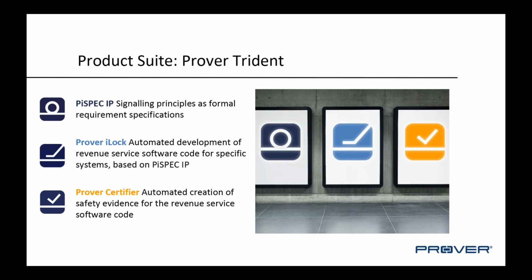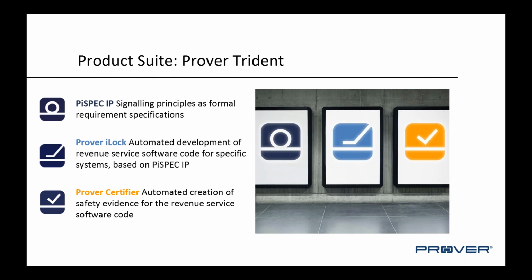We will not get into that much detail on that today, but I will mention it a little bit throughout the presentation and demonstration. In this case, it will be used to specify requirements on interlocking signaling systems, but it can be used for many different kinds of interlocking systems, and also more complex compound systems of systems like CBTC systems, for instance.